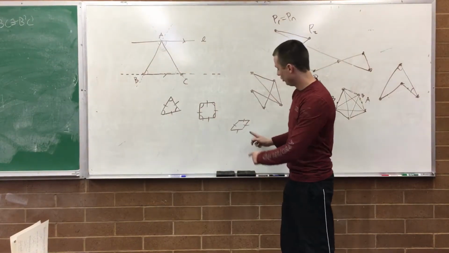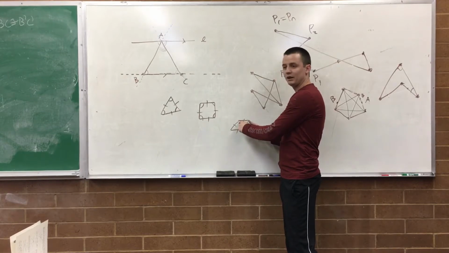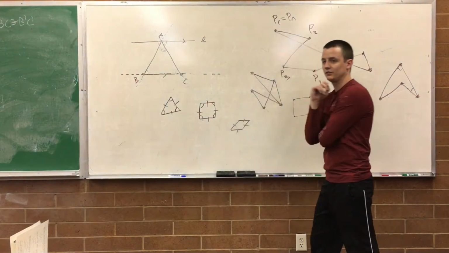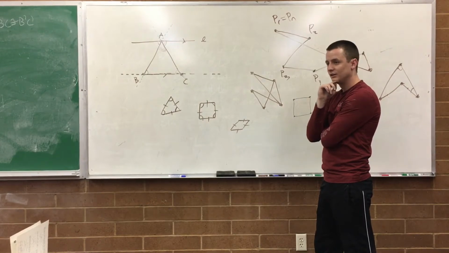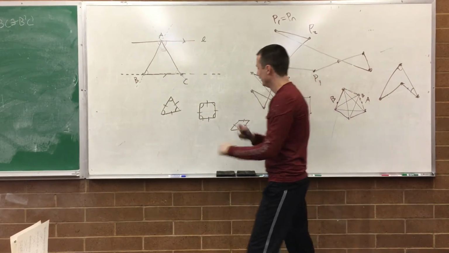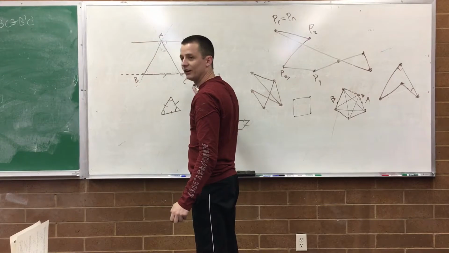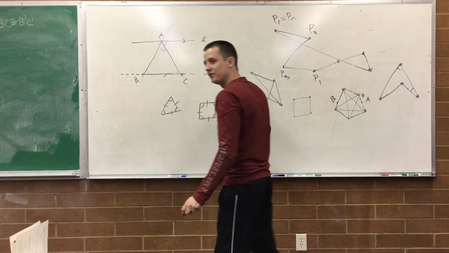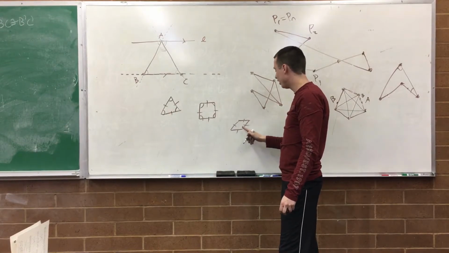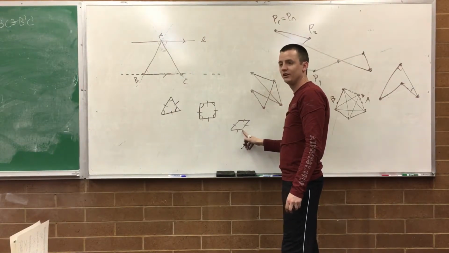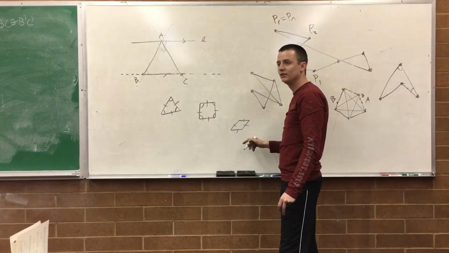Question, what about if all the angles are the same? Does that mean that it's equilateral? If it's equiangular, so if we made all those angles 90-degree angles, then is it equilateral?